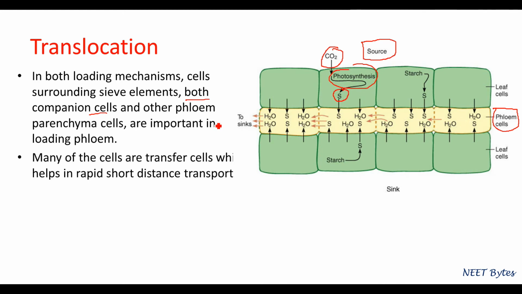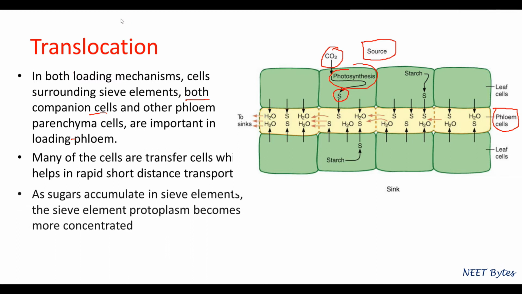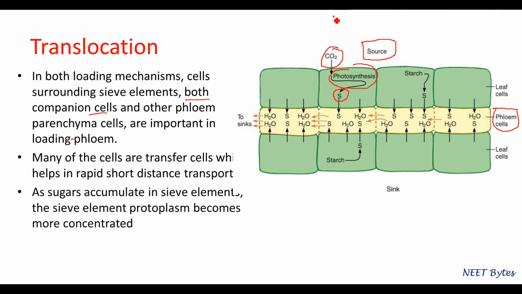Many of these cells are transfer cells, and transfer cells are those cells which help in rapid short distance transport. As we can see, sugar accumulates in a sieve element.